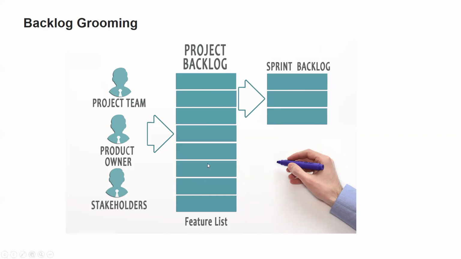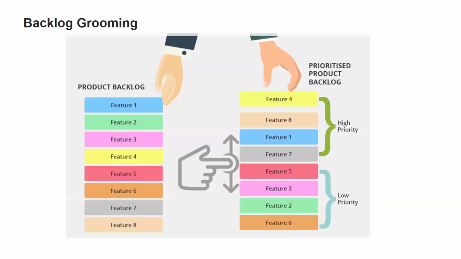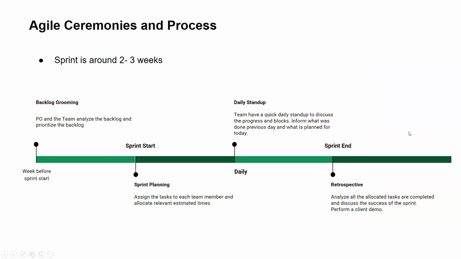We will do the backlog grooming, and then during the sprint, we will take specific tasks into a sprint backlog, which we will be focusing on during our weekly sprint, right? So this is prioritizing the backlog done by the product owner.